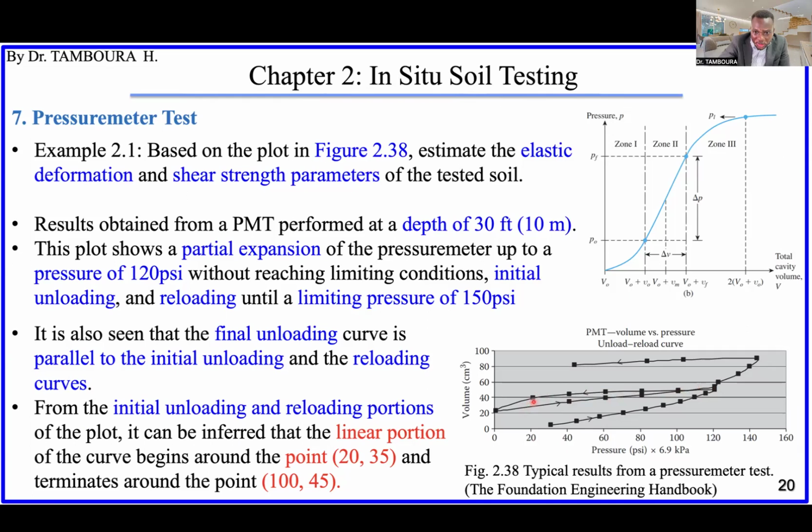So from this point, this point is around, maybe it is here, okay? Because this one is unloading. Loading, reloading is here, okay? This line. So the reloading is this one, okay? So we should focus on here. The linear portion is this one.